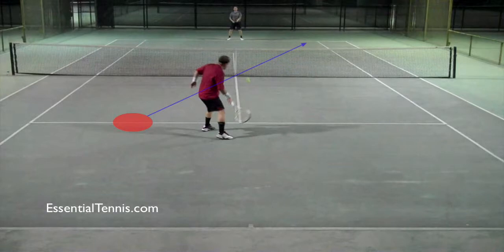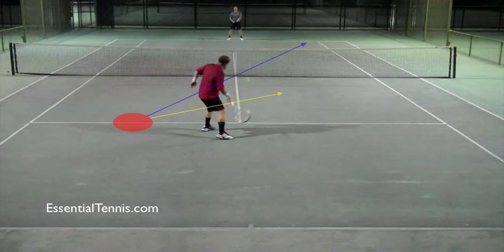Now we know that he's supposed to position himself towards the side where he hit the ball, which means, I'm going to go ahead and use yellow now, that to position himself correctly, had he hit his approach shot cross court, he would have had to move to probably right about here or so to correctly cover the angles.